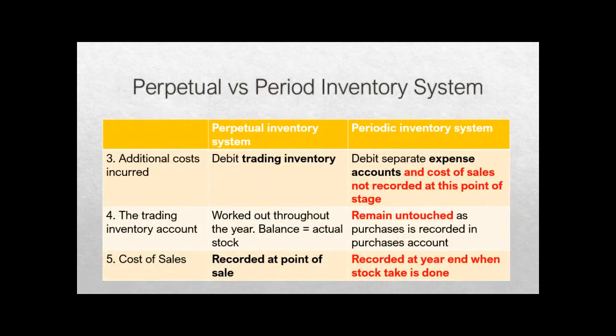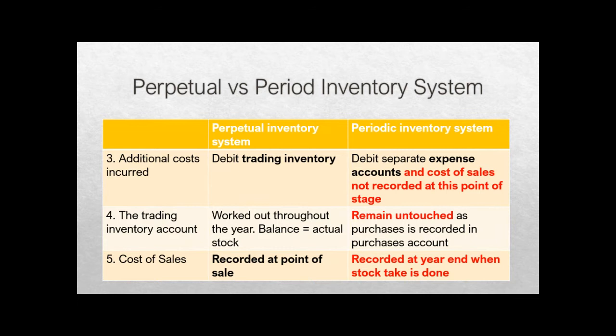Then any additional cost under the perpetual inventory system, you would take it to the trading inventory account, whereas under the periodic inventory system, you will take it to each and every separate expense account. So we do not have a cost of sales at that point in time. We only have the specific expense account. Then your trading inventory account, under the perpetual inventory system, is a rolling balance.